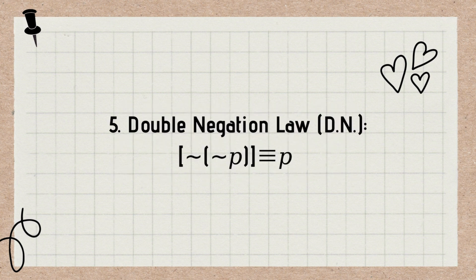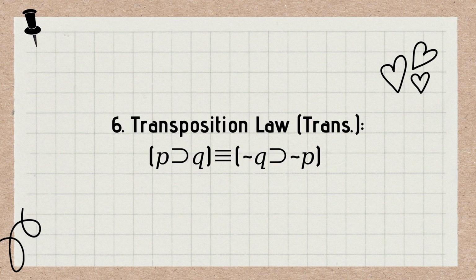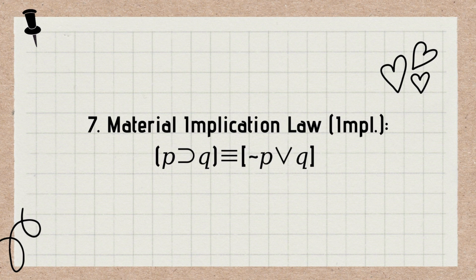The fifth law is the double negation law: negation of negation P is equal to P. The sixth one is the transposition law: P implies Q is equal to negation Q implies negation P. The seventh is the material implication law: P implies Q is equal to negation P disjunction Q.